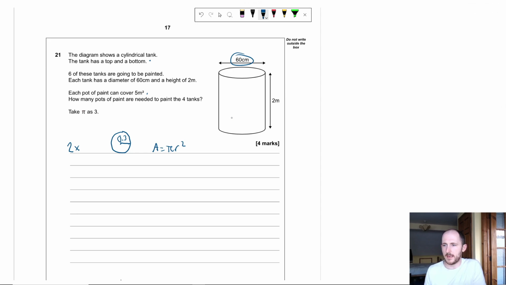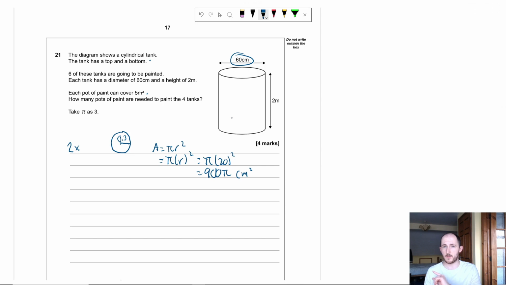So what else do we have? Well, if we substitute that in, we get pi r squared, which is pi times 30 squared, and then we can divide to get our actual answer. So 3 times 3 is 9, which gives you 900 pi. Now that's centimeters squared.